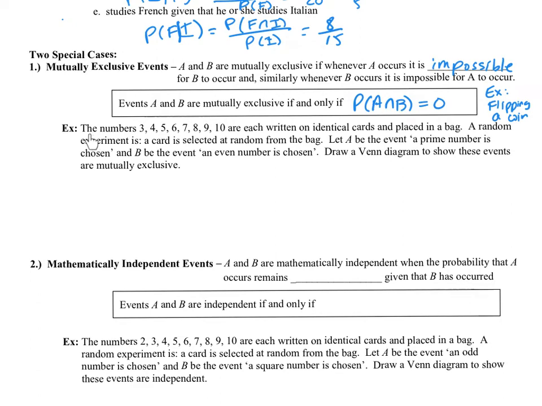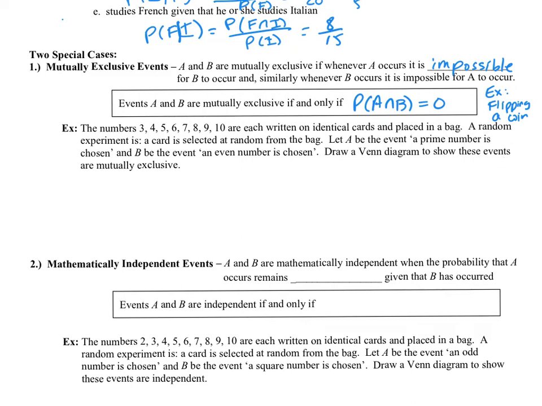And that example says the numbers 3, 4, 5, 6, 7, 8, 9, 10 are each written on identical cards and placed in a bag. A random experiment is that a card is selected at random from the bag. Let A be the event that a prime number is chosen, and let B be the event that an even number is chosen. So we're going to draw a Venn diagram to show that these events are mutually exclusive.